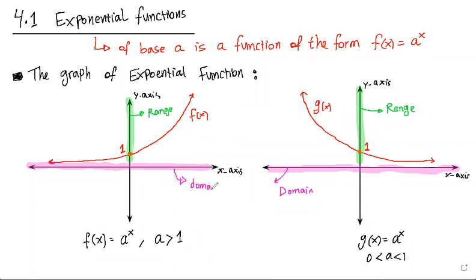What is the horizontal asymptote? What is the line? The x-axis, exactly. So how can I define the x-axis?